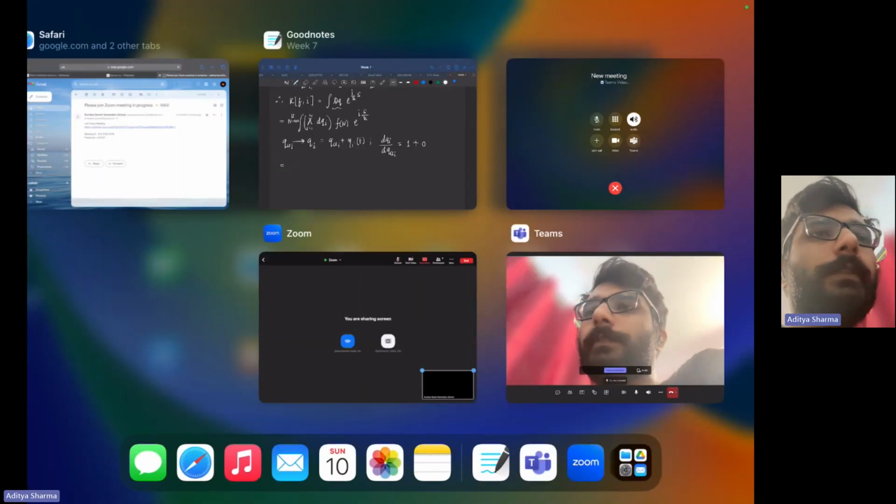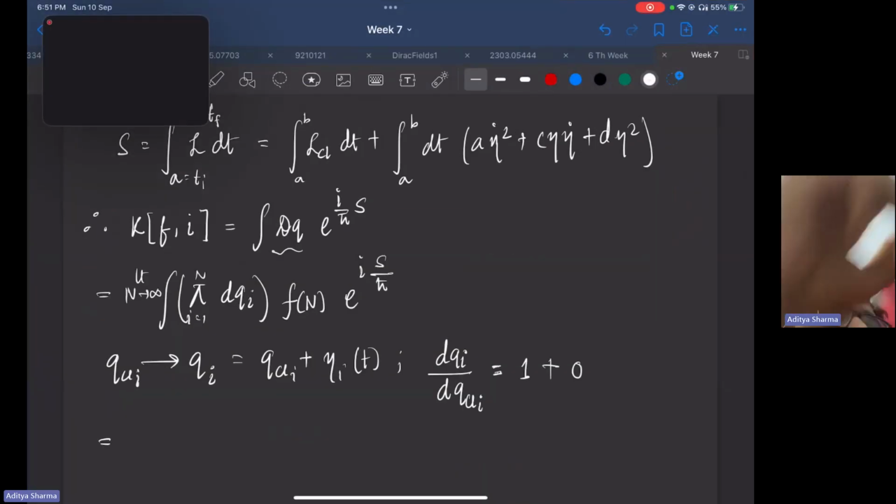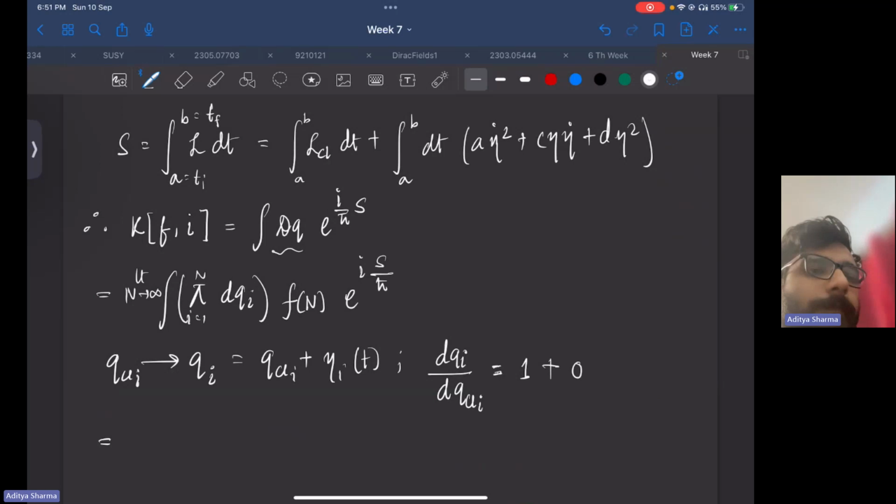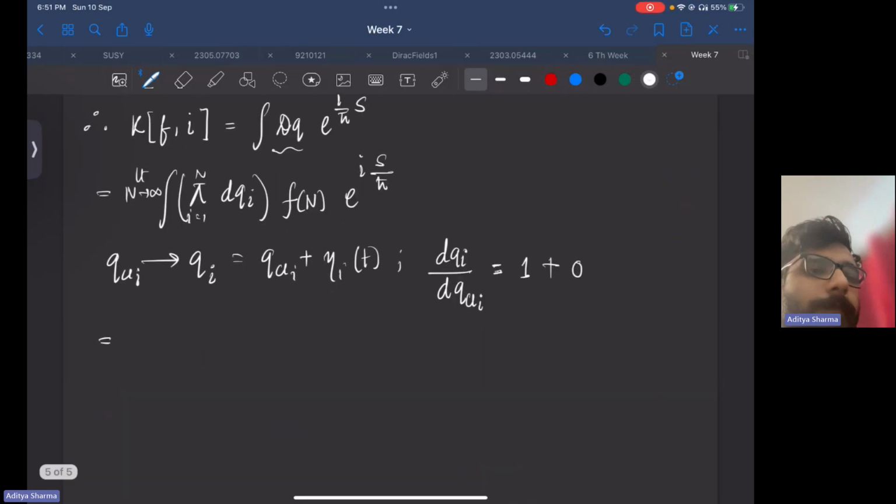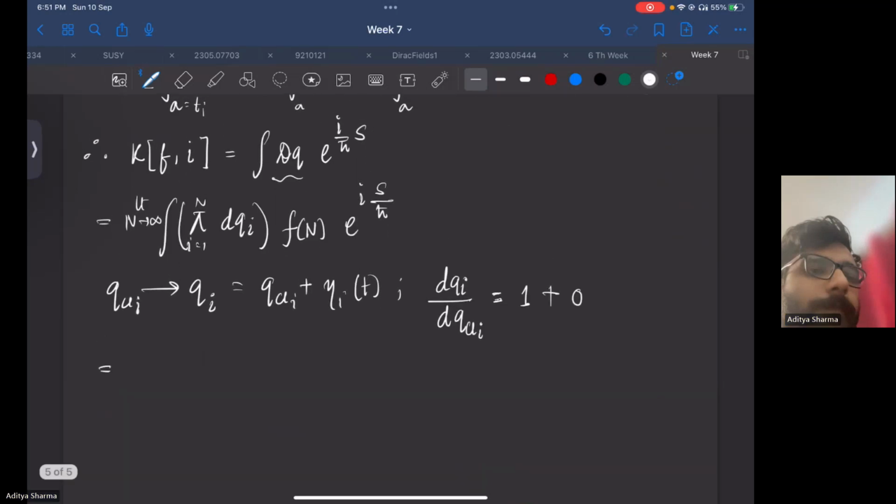Yeah, let us continue. So the Jacobian of transformation is just one, and these classical fields are known. They come by solving the equation, so it is only over this.